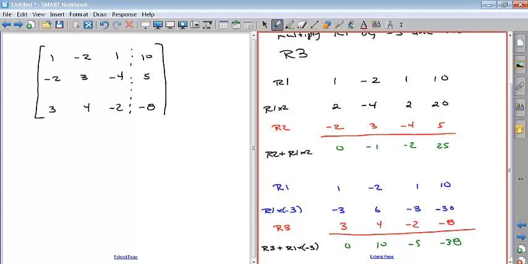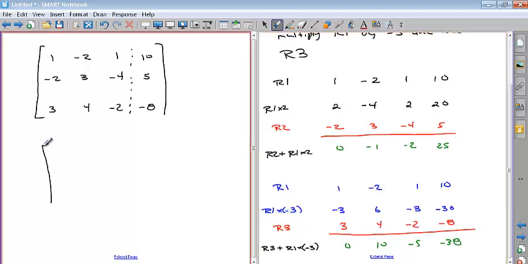Okay, so we can go back to our original matrix and leave the first row the same. Then we take row 3, which is 0, 10, negative 5, negative 38.